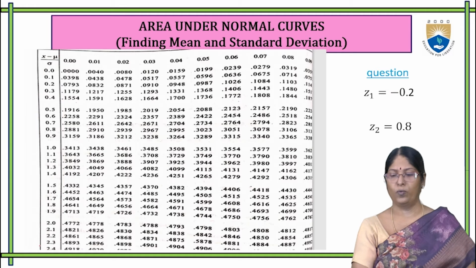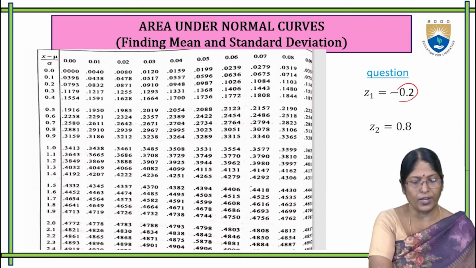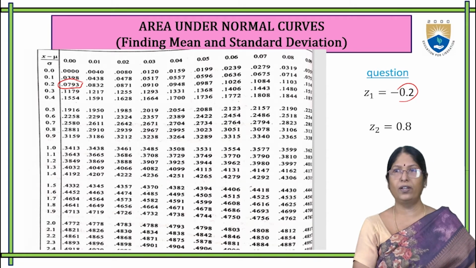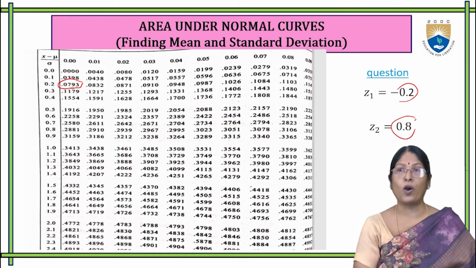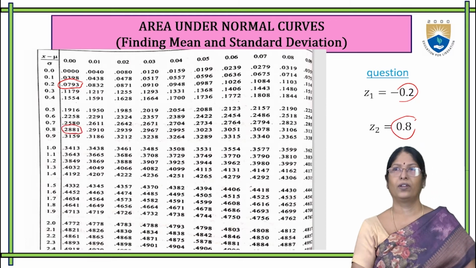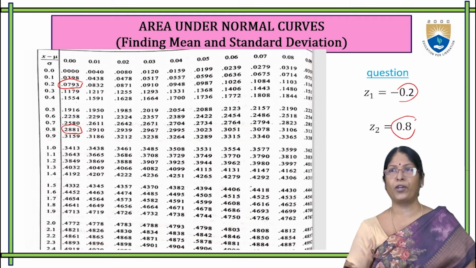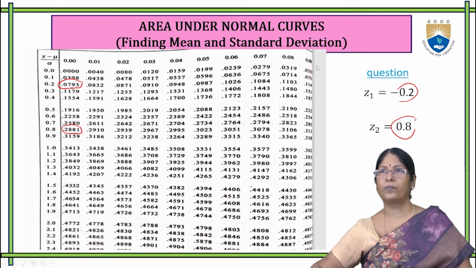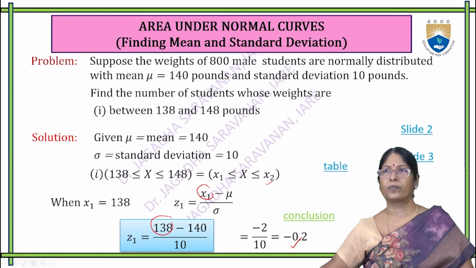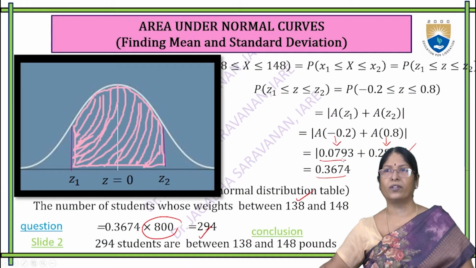Now 0.2 is there. We can see it here. This is the point circled. Next, 0.8. This is placed only in that particular place.